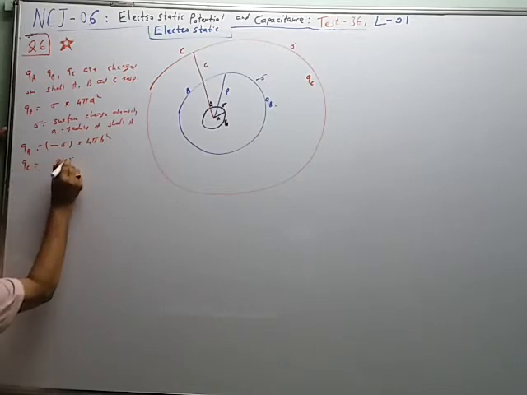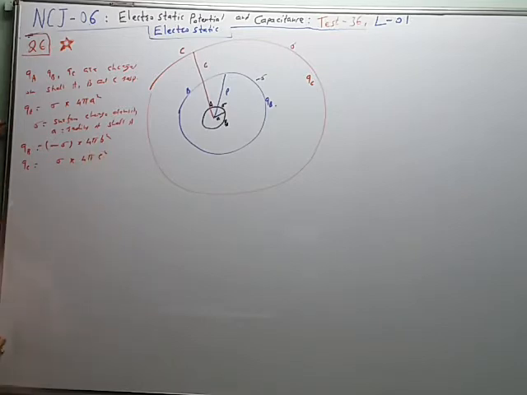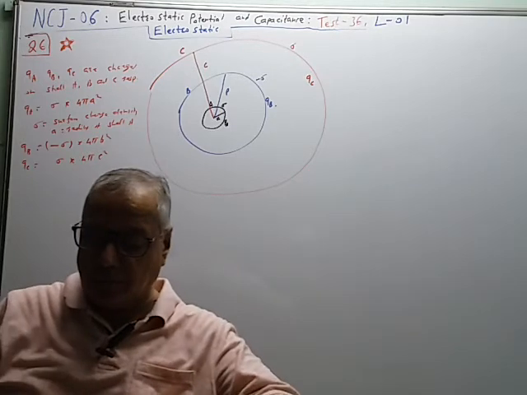QC is equal to sigma into 4 pi C square. So these are the values of QA, QB and QC.